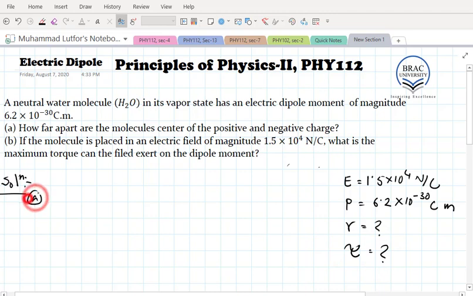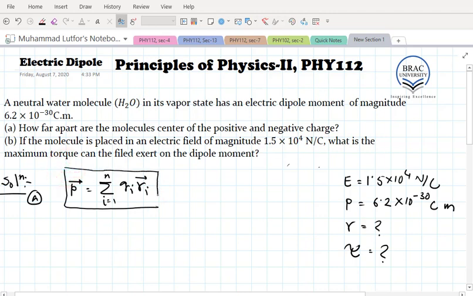For the first one, we define the electric dipole moment for a system of charged particles as p = sum from i equals 1 to n of q_i r_i. That is the expression of the electric dipole moment for a system of charged particles. The magnitude is p = q × r.